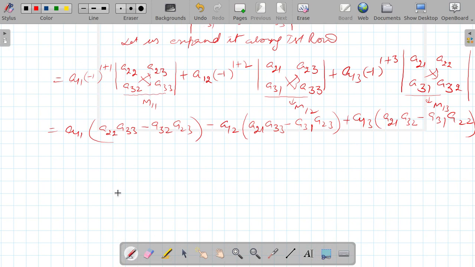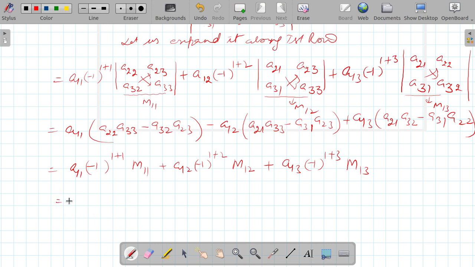So the equation can be written as A11 times minus 1 raised to power 1 plus 1 and the minor of this element, plus A12 times minus 1 raised to power 1 plus 2 and the minor of this element, plus A13 times minus 1 raised to power 1 plus 3 and the minor of this element.